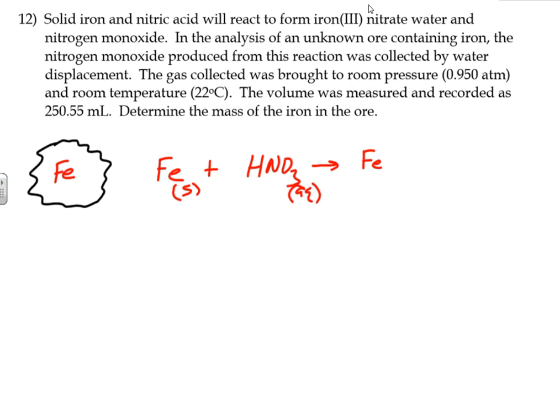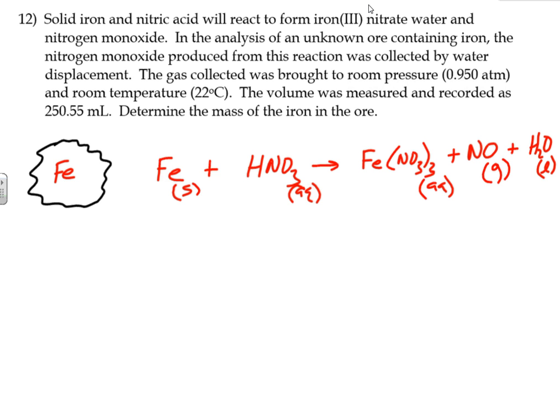So iron's a 3 plus, nitrate's a 1 minus, so we're going to need Fe(NO3) taken 3 times, and that'll be aqueous in the water, since this is all happening in an aqueous environment. We're going to form this NO gas, nitrogen monoxide, and we're going to make some water, and that would be a liquid.